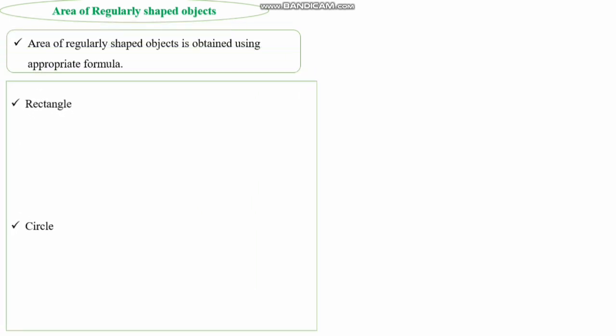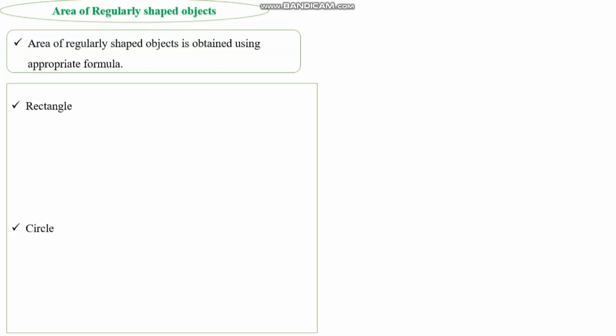Let us look at the first one, the rectangle. The rectangle has one side longer than the other. The area of the rectangle is length times width. You multiply these two lengths, the length and the width.